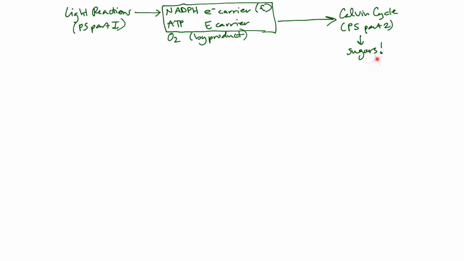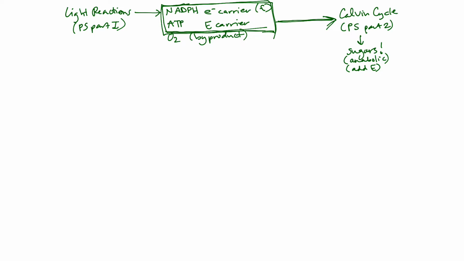Since we're building sugars in the Calvin cycle, this is an example of an anabolic series of reactions. Anabolic, we're going to need to add energy, and this energy in the NADPH electron carriers and in ATP is what we're going to use to fuel the synthesis of sugars.